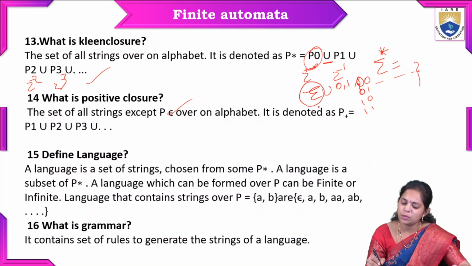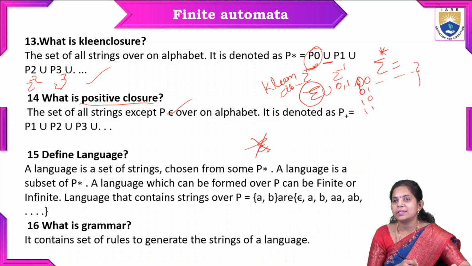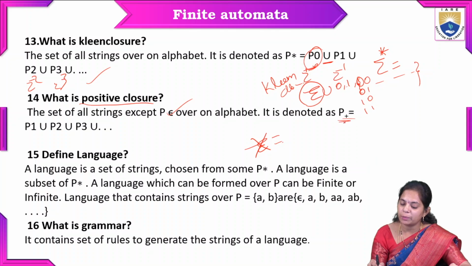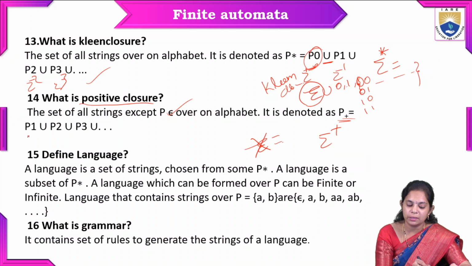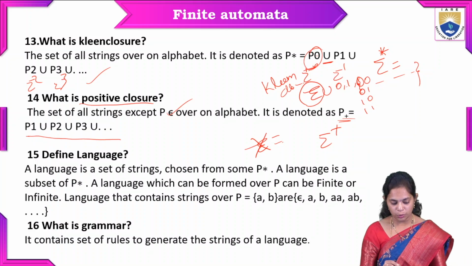Here epsilon is included in the Kleene closure. But in the positive closure we exclude epsilon and write all the remaining values. We represent it as sigma plus, excluding sigma 0. That is the positive closure.